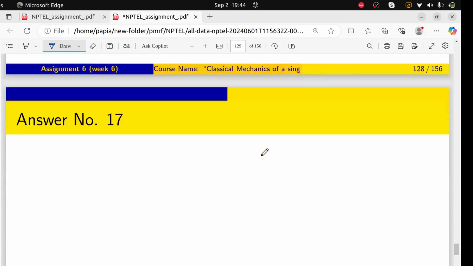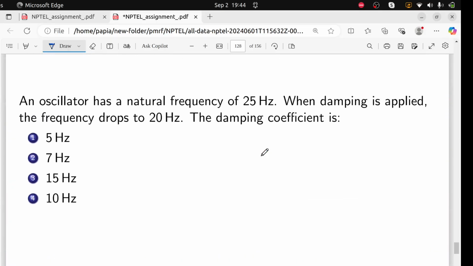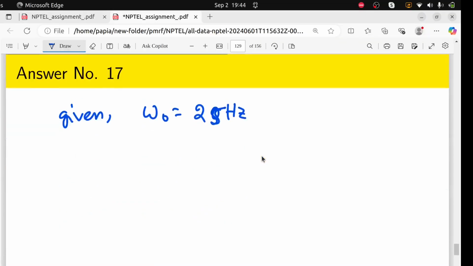Okay. So given omega 0 is 25 Hz. Damping is applied, the frequency drops to 20 Hz. Damping lambda is applied.